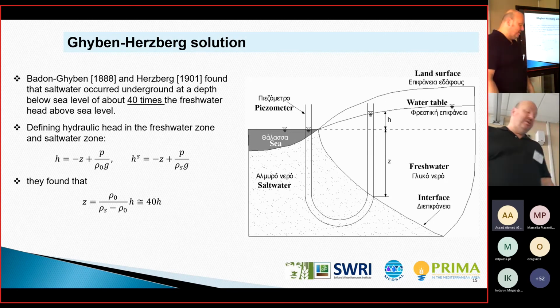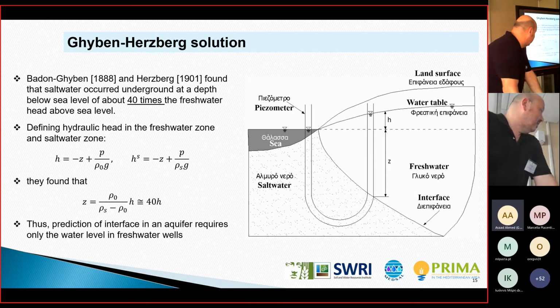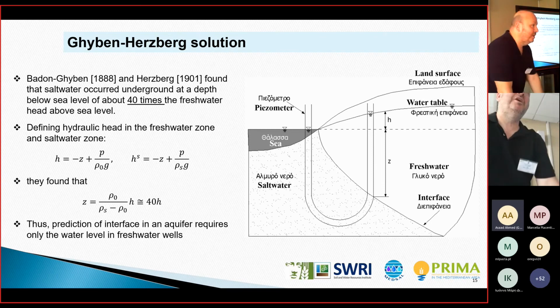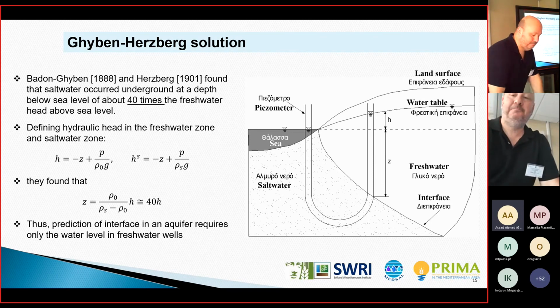So with this very simple equation, we can predict the interface of the aquifer if we have the water level in several freshwater wells in our aquifer.